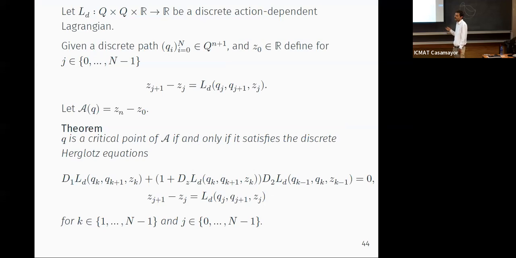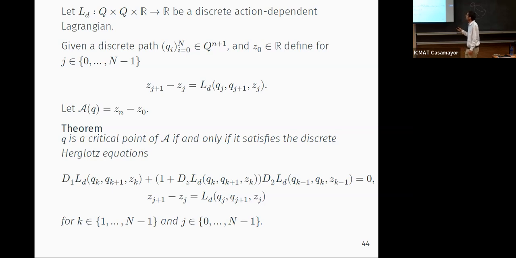In discrete contact mechanics, you have a Lagrangian which is not defined on the tangent bundle, positions and velocities, but on two copies of the configuration space that you can think of as the initial and the final position, times R. And here again, you have now discrete paths that are just collections of points on the configuration space that you can think of as steps, as the position of your system at one time step.